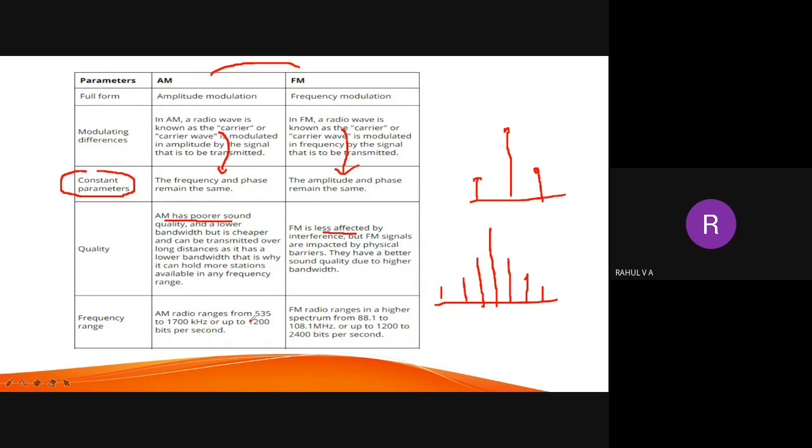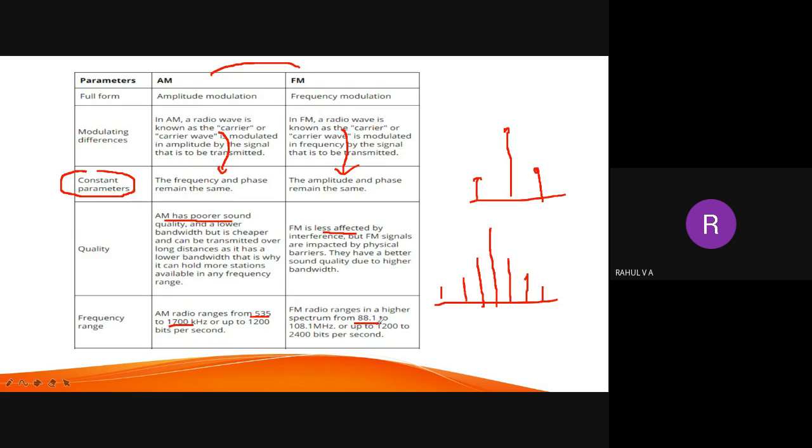And frequency range: amplitude modulation is using from 535 kilohertz to 1700 kilohertz. But FM is using frequency 88.1 megahertz to 108.1 megahertz. If you look at the radio, on the front screen they will be writing this frequency range.